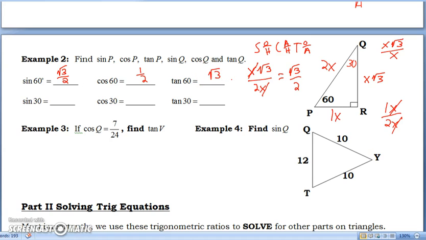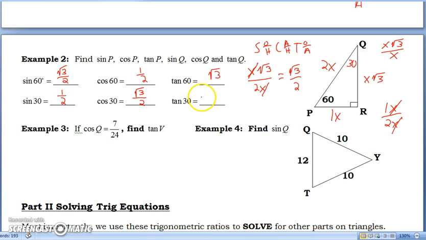Now, if you remember what we just said in the previous example, we know that whatever the sine of 60 is going to be the cosine of 30. So that's root 3 over 2. You can feel free to double check according to the picture if you'd like. But I know that the sine of 30 is going to be whatever the cosine of 60 is, which is 1/2.